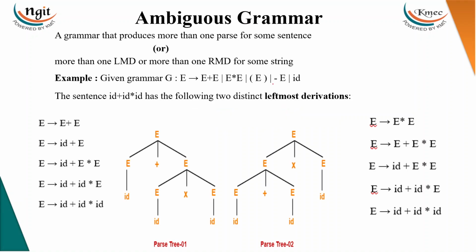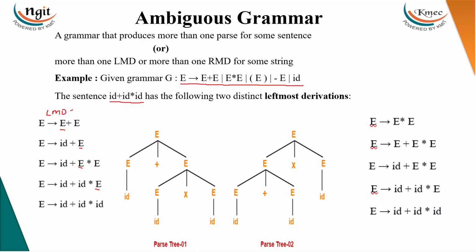A grammar is said to be ambiguous if it generates more than one parse tree for the same string. Assume that we have a grammar like this. For id plus id star id, I am able to generate two different parse trees. See, these two are different. Or take the leftmost derivation, where in each and every step I replace the leftmost non-terminal only.